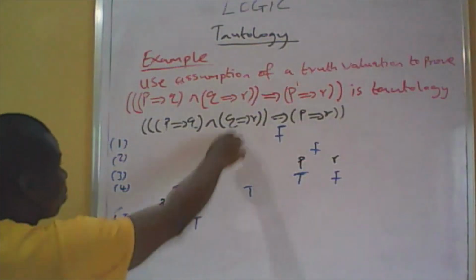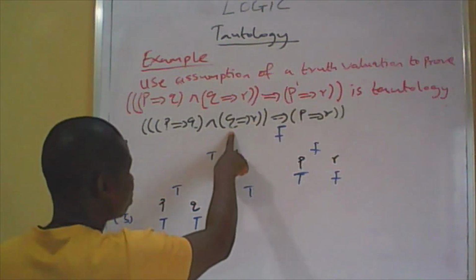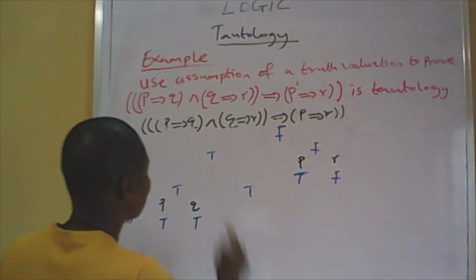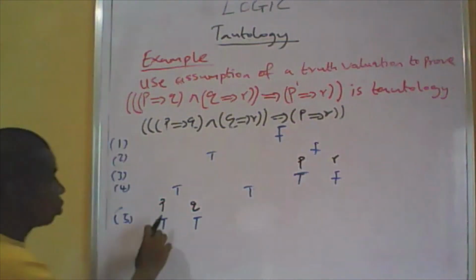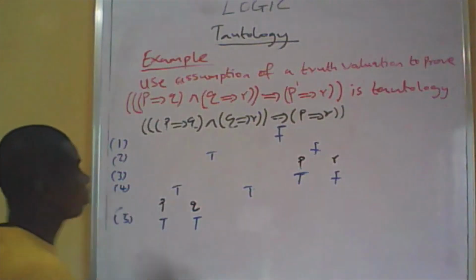Then they come to this place. You have known that Q is true. Why you use true here is that you already see that P is true here. That's why you use true here.